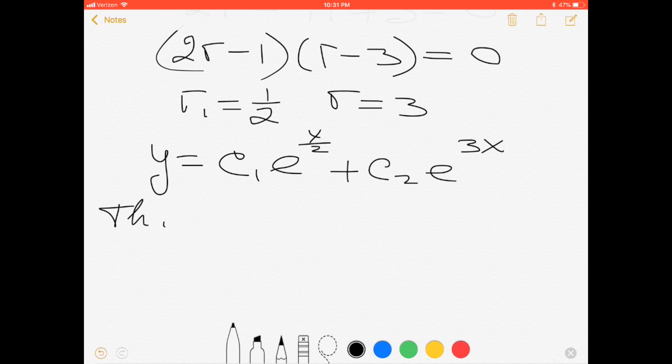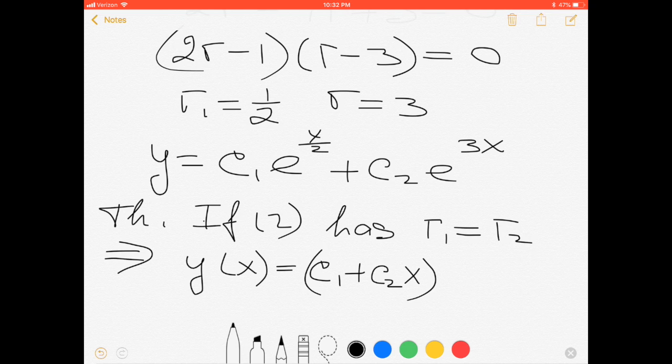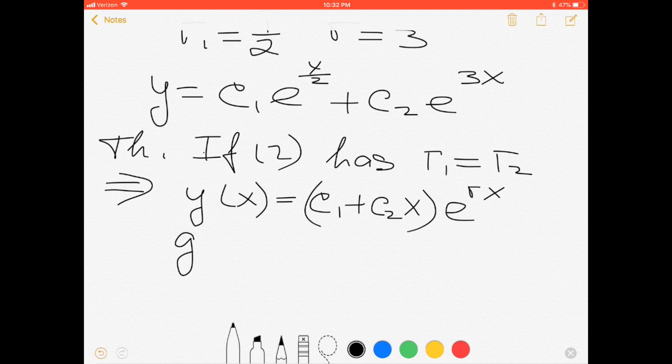It tells us if the characteristic equation has equal real roots, r1 equal r2, then y of x equals c1 plus c2x times e to the power rx will be the general solution of equation 1.